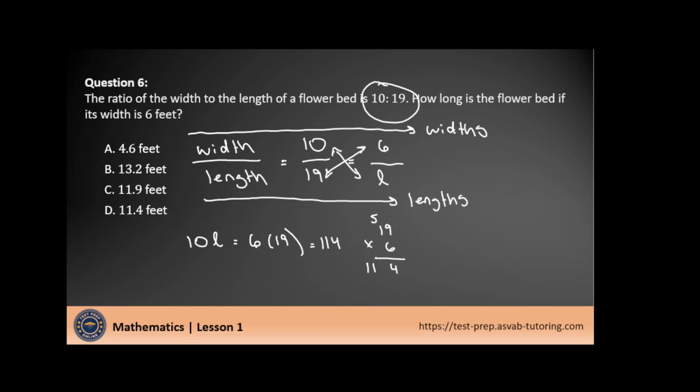I want to get L by itself, so I'm going to divide both sides by 10. That'll give me L. And then if we divide by 10, we move the decimal one place to the left. So it should make sense, right? We're making the number smaller if we divide by 10, and then it's just going to be one decimal place. So that'll be 11.4, and we're working in feet here.